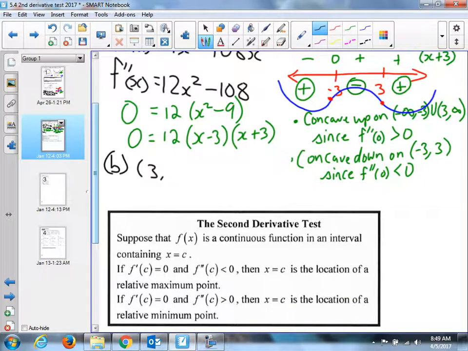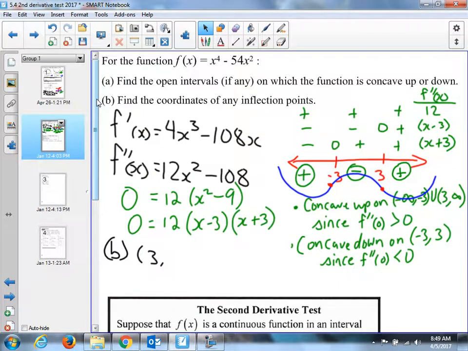All right, where do we put it in to find the inflection points? The original, good. Now, I don't know how nifty you guys are with numbers. 3 times 3 times 3 times 3, so 9 times 9, 81.